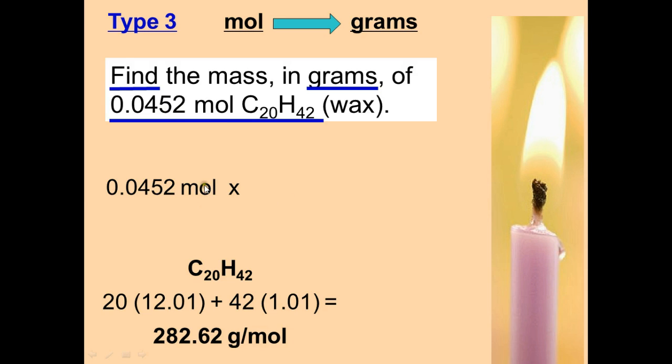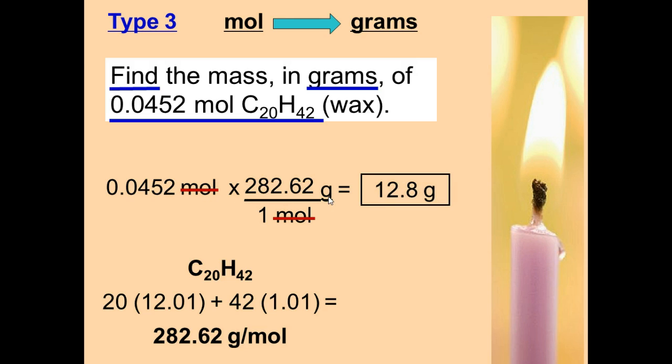Moles, because we have it on the numerator and we want them to cancel out so we can convert to grams. And so we write 1 mole on the bottom because this is molar mass, so there's always 1 mole. And the gram amount is from the molar mass right here. And before we do that, we cancel out the moles, and so we'll be in grams. And we write 282.62 grams on the top. And so we multiply 0.0452 times 282.62, and we get 12.8 grams.